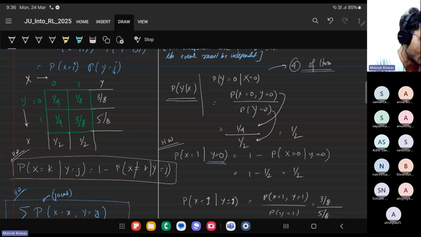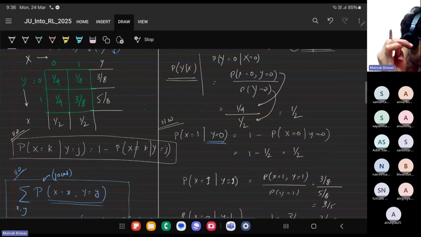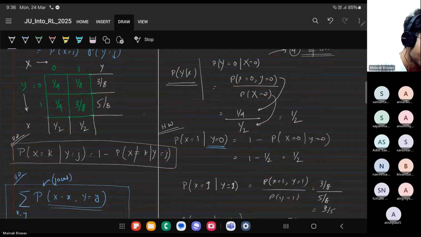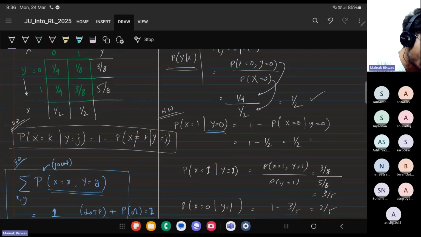So this will still remain the same, right? Now the denominator is x equal to 0. Correct. This is also correct now. Now y equal to 1 given x is equal to 1. This denominator is x equal to 1.